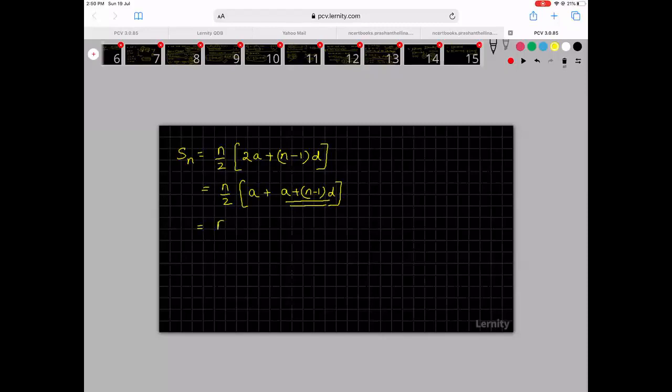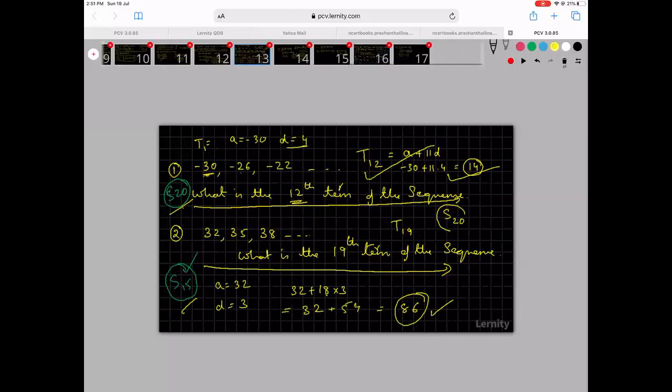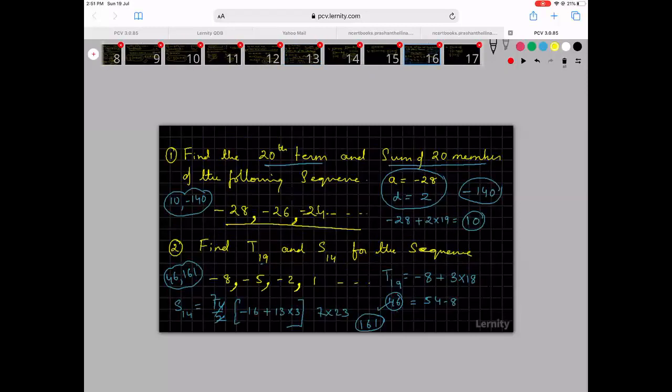So, can I say the sum of n terms is n by 2 into T1 plus Tn? Now, this particular question that I did, how did I do it so fast? I didn't do any steps for this minus 140. Because here I already found out the 20th term was 10. So minus 28 plus 10 is how much? Minus 14.